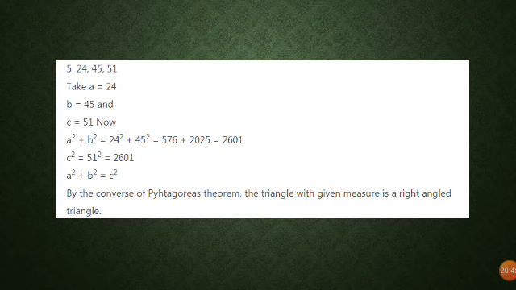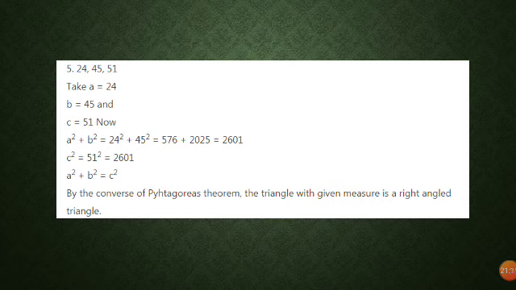Added, A square plus B square we get a value 2601. C square is equal to 51 square. 51 square value 2601. So A square plus B square equal to C square. By the converse theorem, the triangle with the given measure is a right angle triangle.